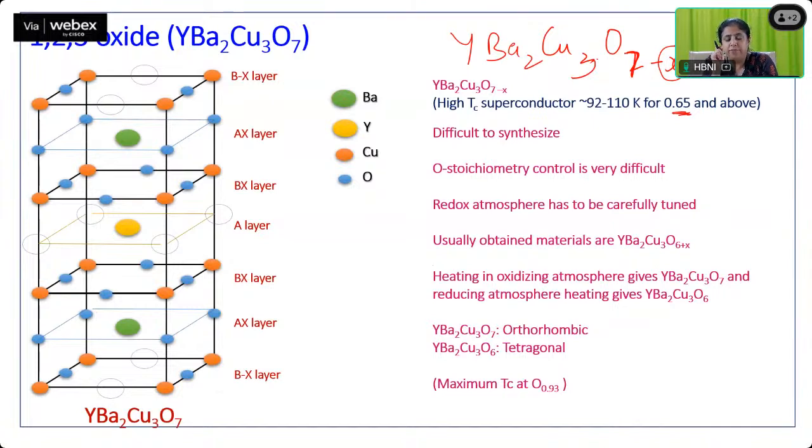So the environment of synthesis has to be controlled. It is difficult to synthesize. Oxygen stoichiometric control is most of the time not very easy. Redox atmosphere has to be controlled. Usually the material obtained is 6 plus X. And then what we do is we control our oxidizing and reducing atmosphere. And the maximum TC, maximum superconducting temperature, has been obtained at O 6.9.